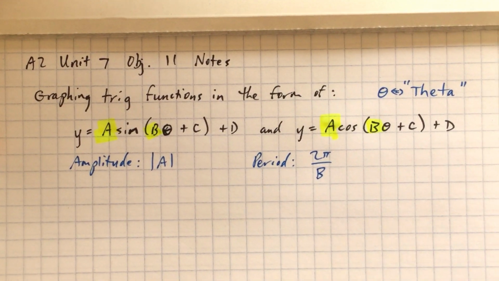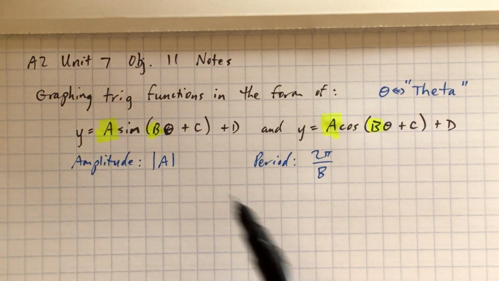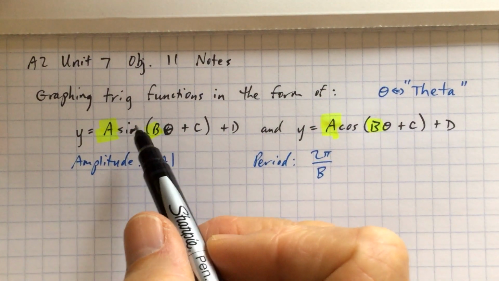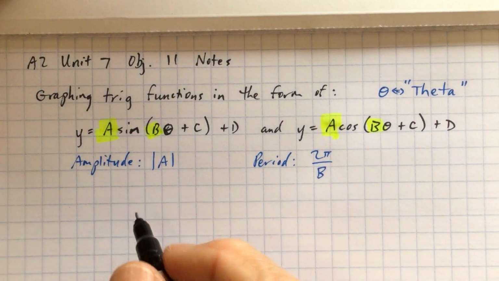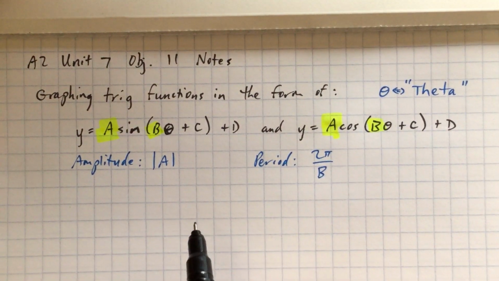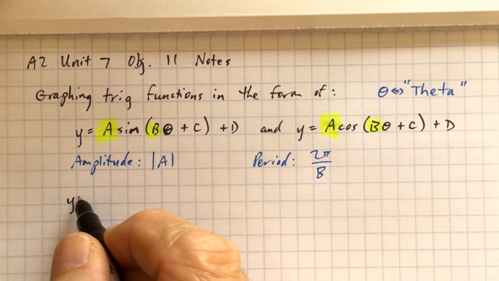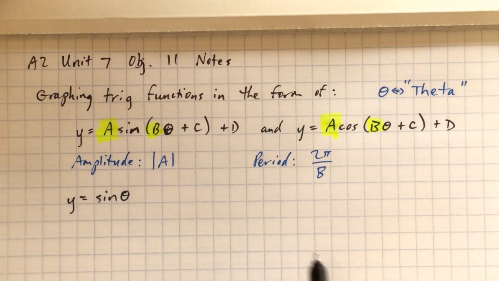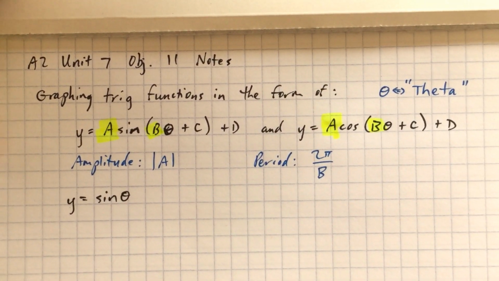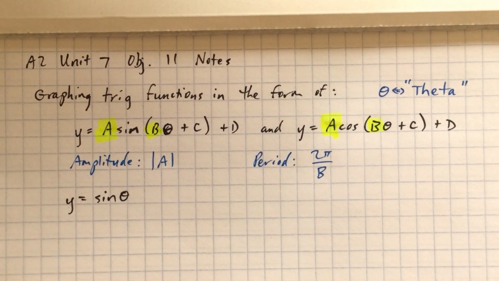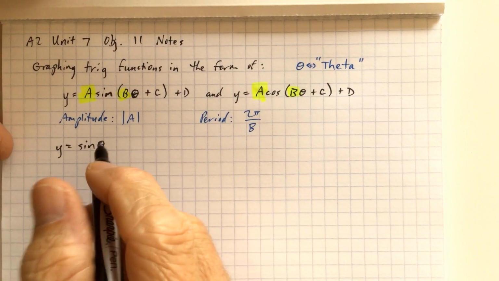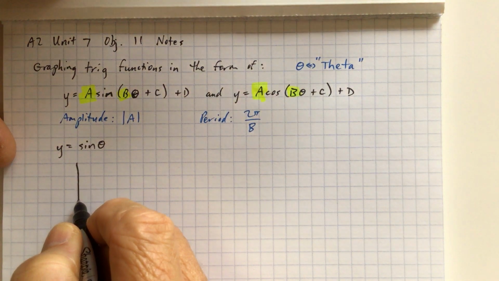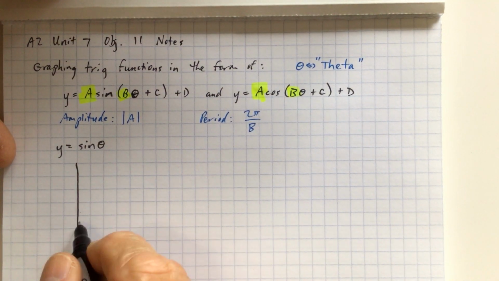Let's go ahead and draw the graph of the parent function, because these two are transformations of the parent functions, y equals the sine of x and y equals the cosine of x. To get an appreciation for why the graph looks like it does, or the sine of theta I should say, let's make an XY chart.